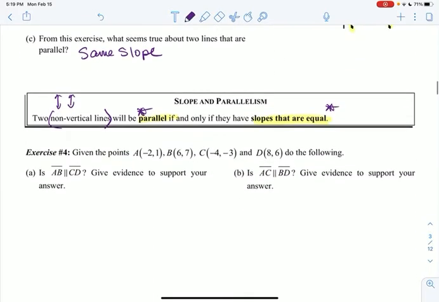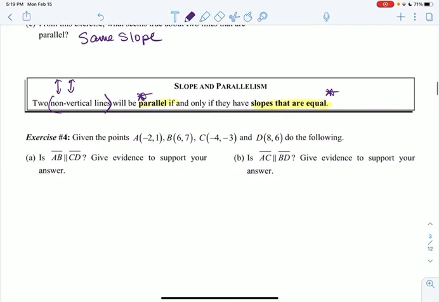All right, let's try this problem right here. I have 4 points, A, B, C, and D, and I want to know if AB is parallel to CD. In order to know that, I'm going to find the slope of AB, and I'm going to find the slope of CD. I'm going to do this algebraically because I have my points right here. So I'll find the slope of AB, and then I'll find the slope of CD.